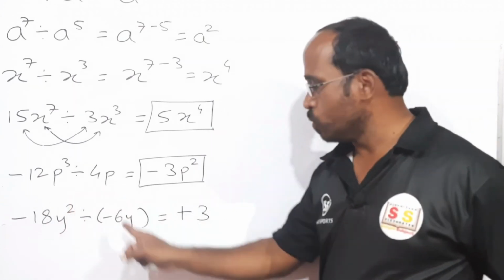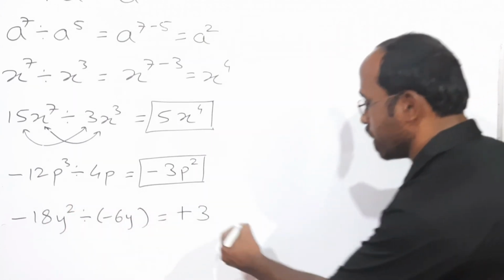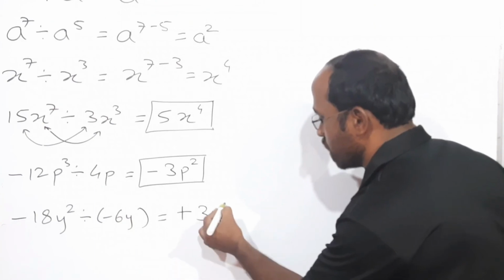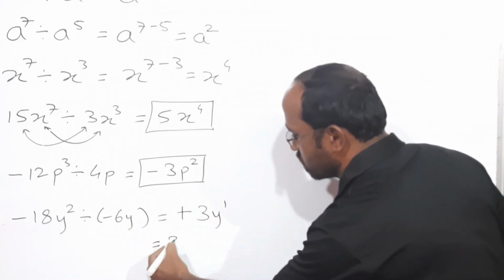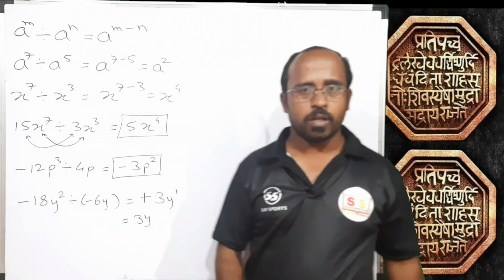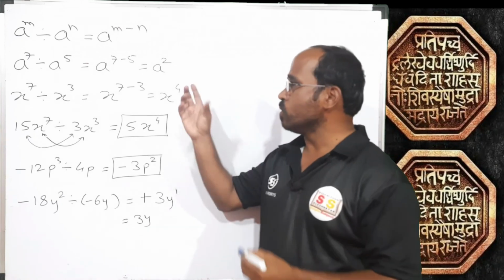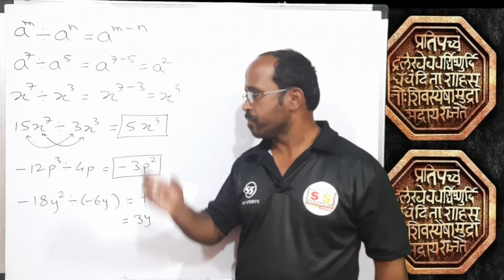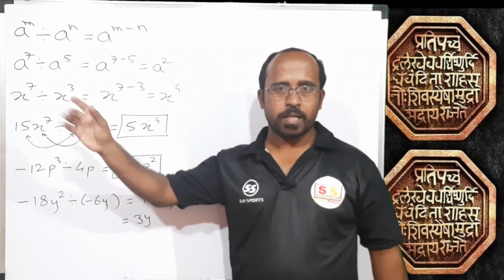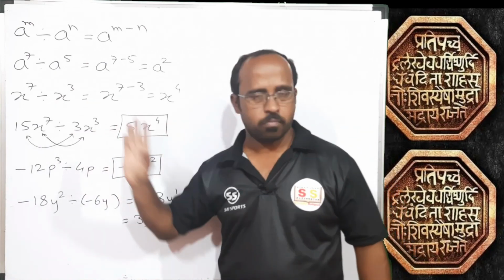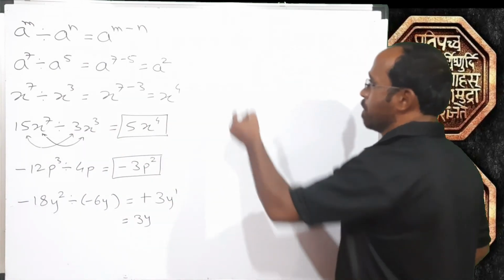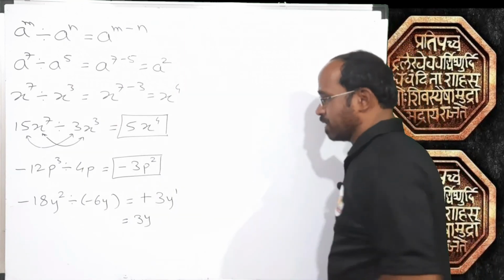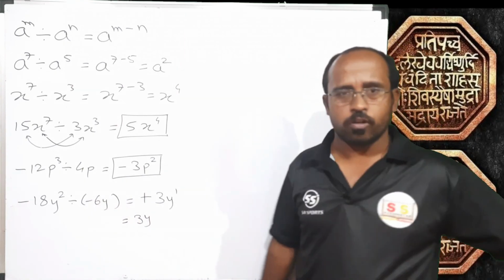Y raised to 2 minus 1, so y raised to 1. So plus 3y raised to 1, which is simply written as 3y. Got it, students? So this is the way to do division of monomial by monomial. Both are monomials. Clear?